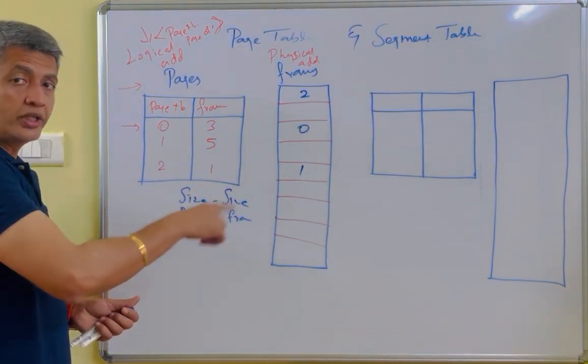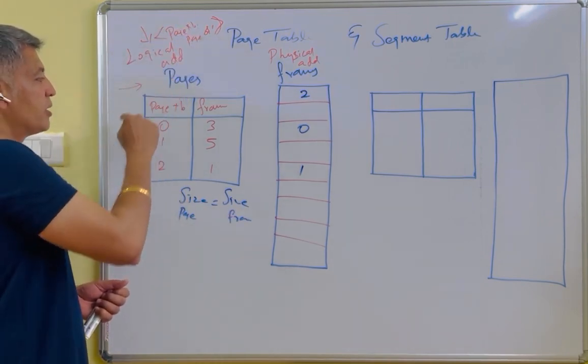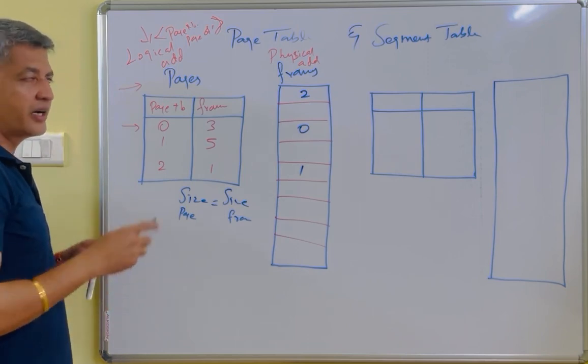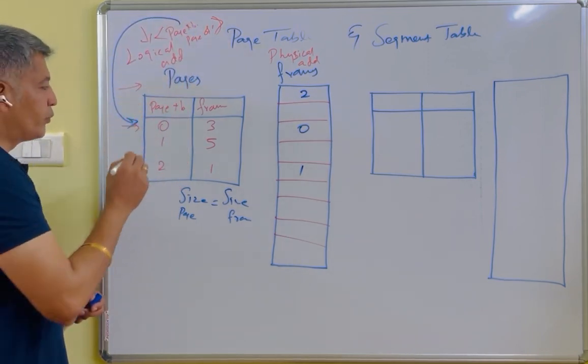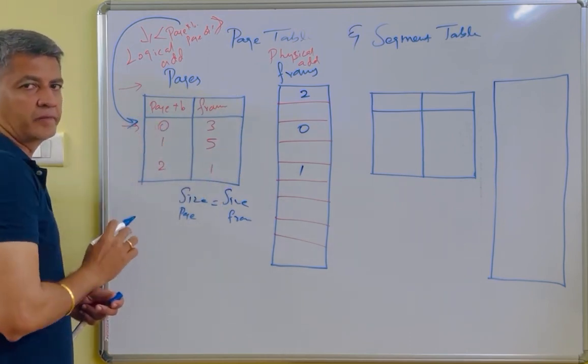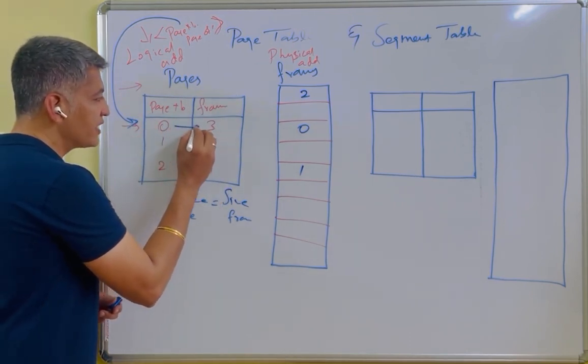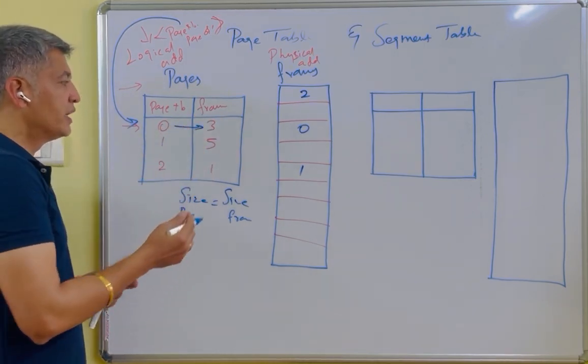During execution, the logical address will be generated and the page number will be verified to check whether it is in the page table entry. If the page number is there, it also verifies the frame number, and the frame number will be verified inside the frame.